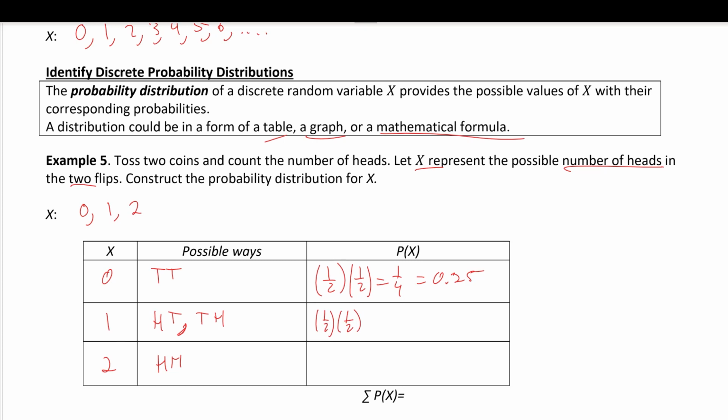And then this whole or business tells us that we're going to add tails and heads, another 1/2 times 1/2. Each one of these is a quarter, so a quarter plus a quarter, 2 quarters, or 1/2, which is 0.50.